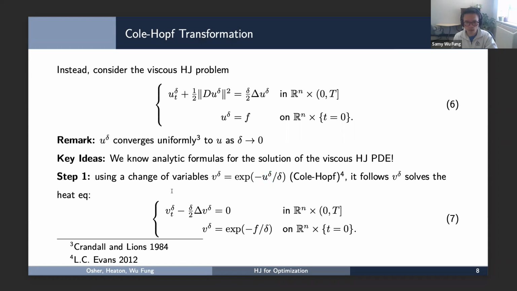And this is nice because we know exactly what the solution to the heat equation is. It's given with a fundamental solution here. It's just a convolution. So the first idea is to do this change of variables. Once we have this change of variables, we get the heat equation, and we can get an analytic solution for V delta through this fundamental solution.